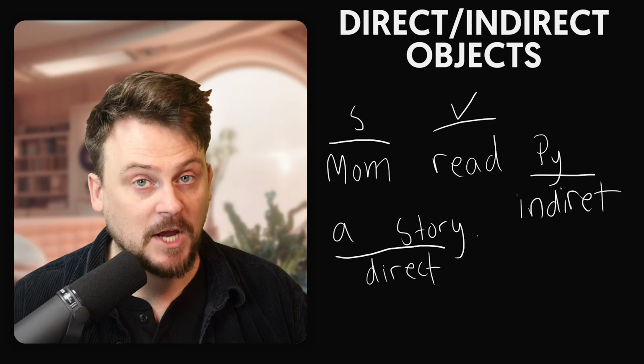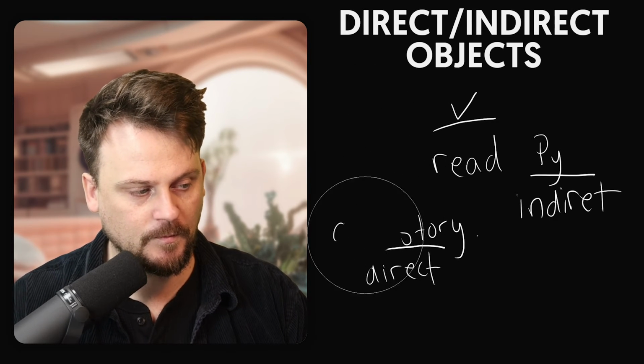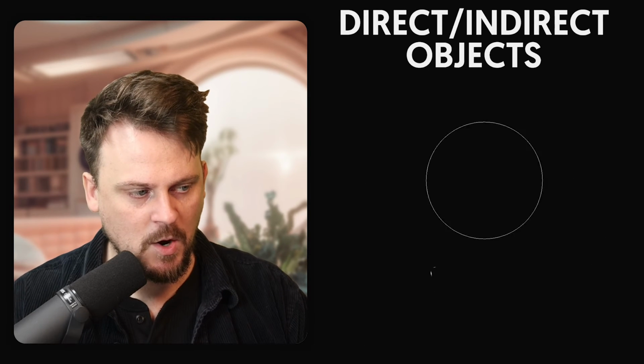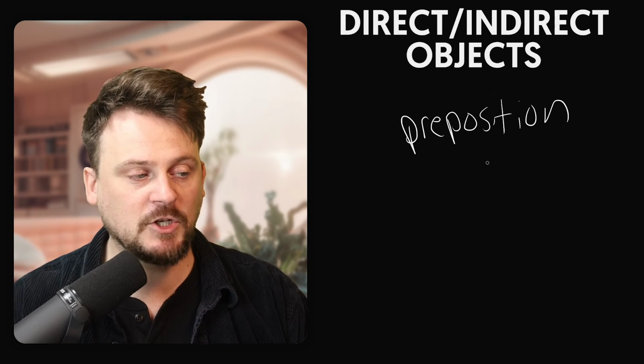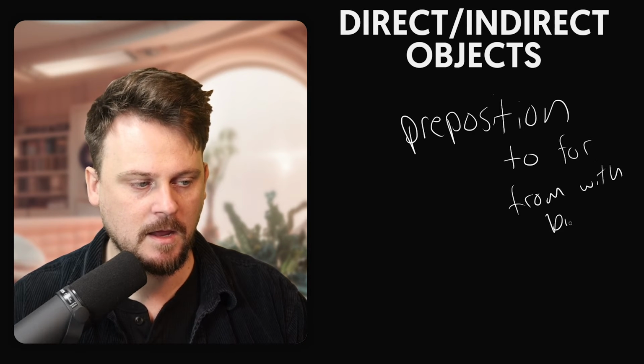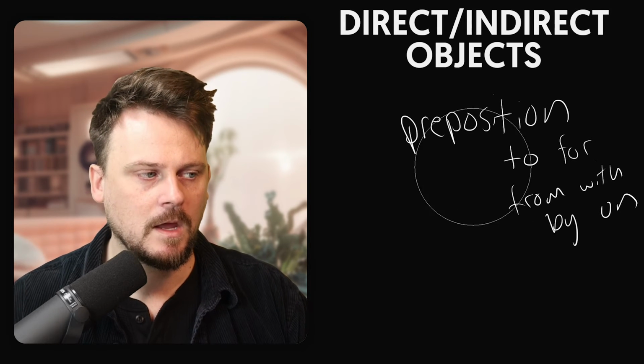Now, sometimes when we are writing sentences, we use a preposition. And a preposition might be to, for, from, with, by, on. Okay, you know those, right? Yeah. So if we want to use a preposition, we change the order most of the time.